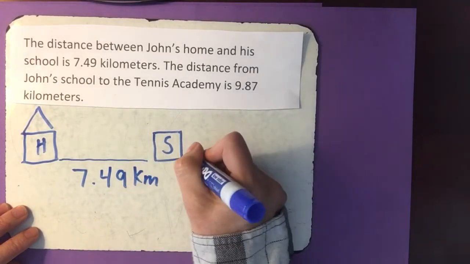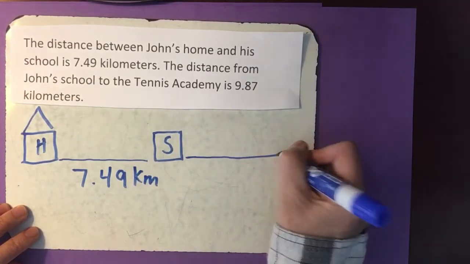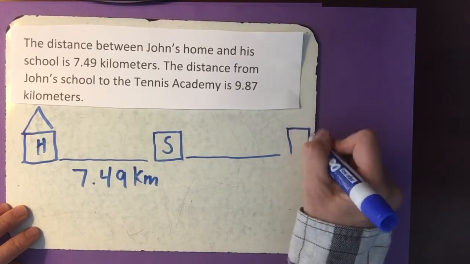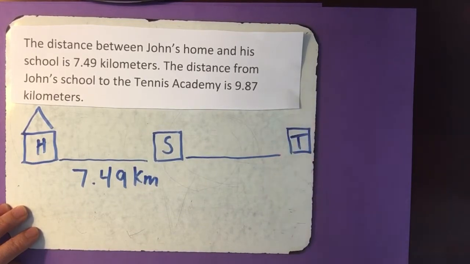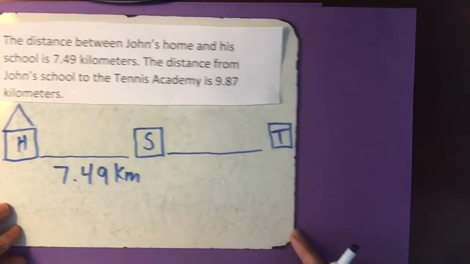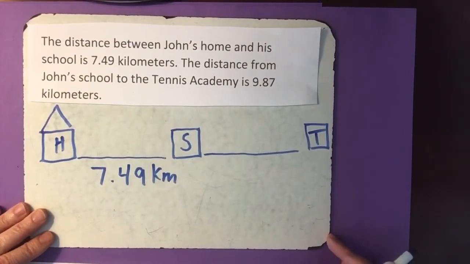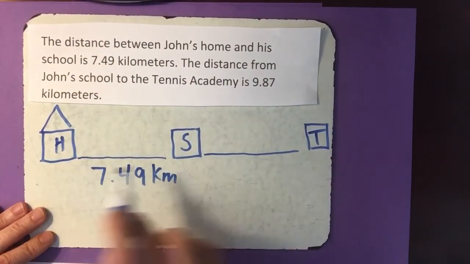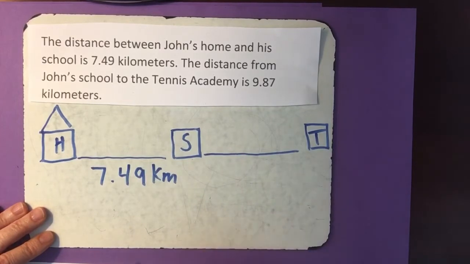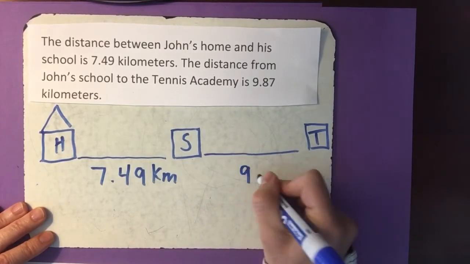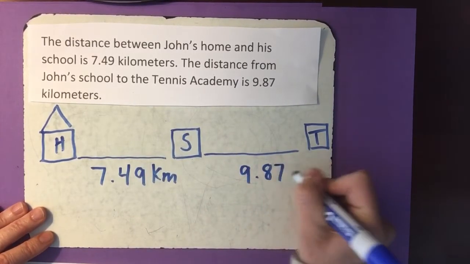Then he goes to tennis, which is over here. And again, I'm not an artist during math class, so I hope you can see this and understand what home, school, and tennis is. Okay, now this distance is 9.87 kilometers.